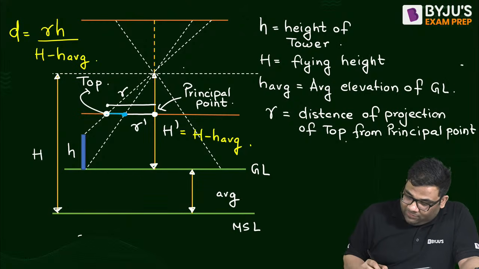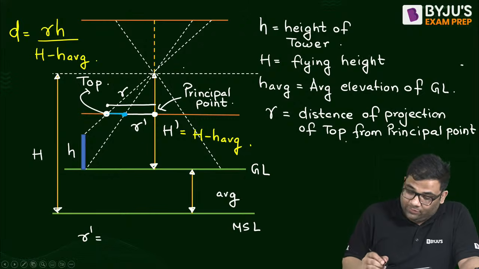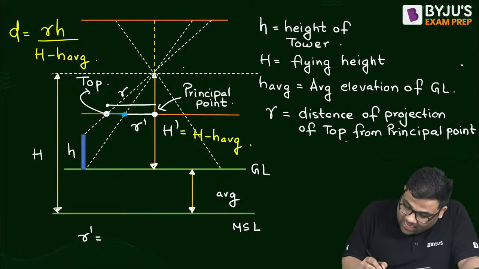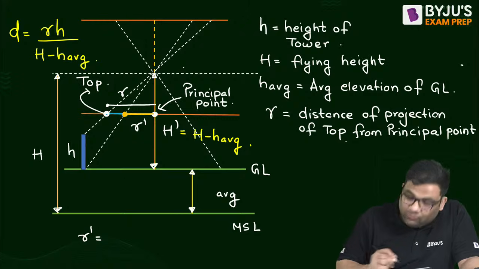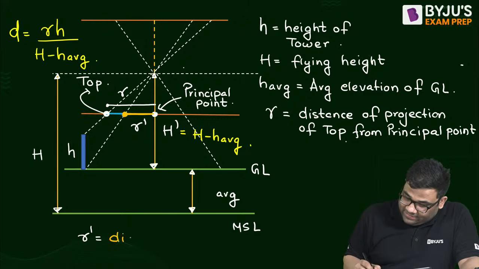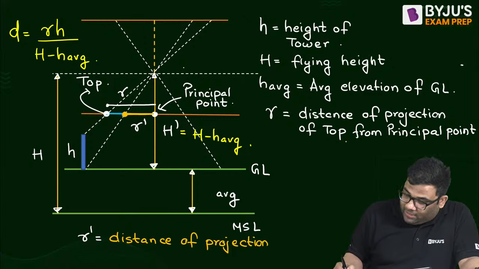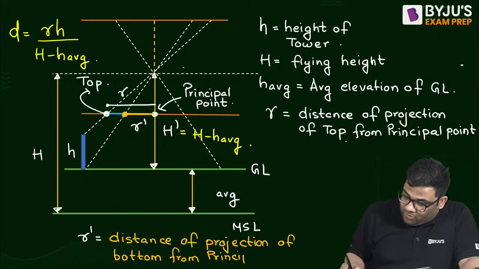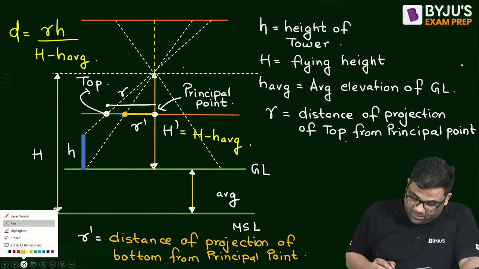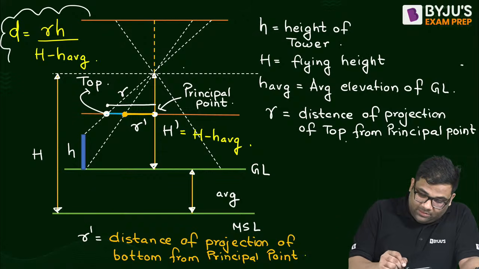R dash is this one, so I can say R dash is the distance of the projection of the bottom, or foot, from the principal point. Everything is clear in this relief displacement, yes or no?